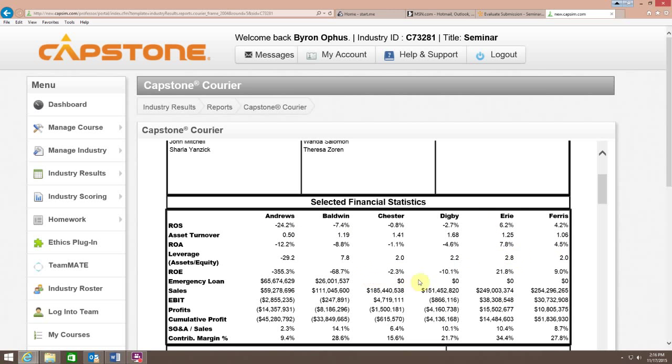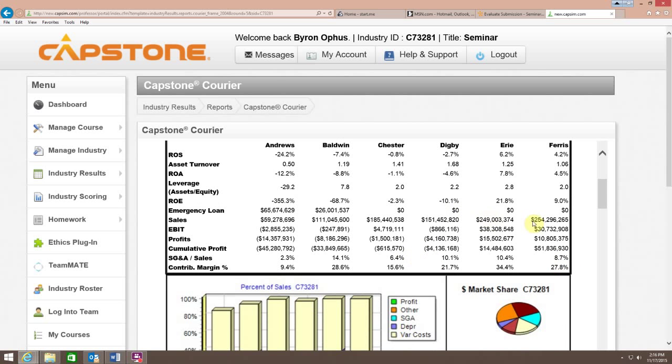Okay, ROE 21.8% for Team Erie. All the other student teams were negative, and Ferris, the computer team, had a positive, but only 9%. Sales, Ferris had the highest sales, but EBIT, Erie, and then profits, Erie had more.